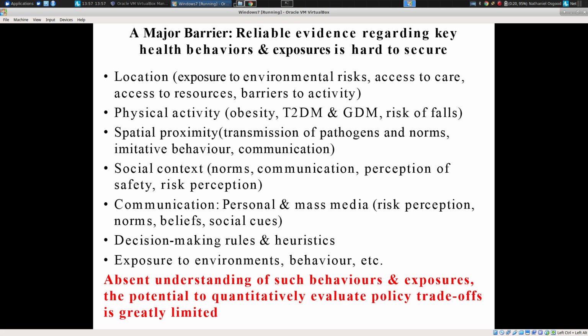So location is often, whether through confabulation or through recall bias, or just the difficulty, the burden of summarizing where one spends one's time through self-report, a challenging thing to elicit with traditional data sources, diarizing or recalling how much time you spent X, Y, and Z. Physical activity is known since the NHANES 3 study in the States to be very subject to a lot of bias in self-report.